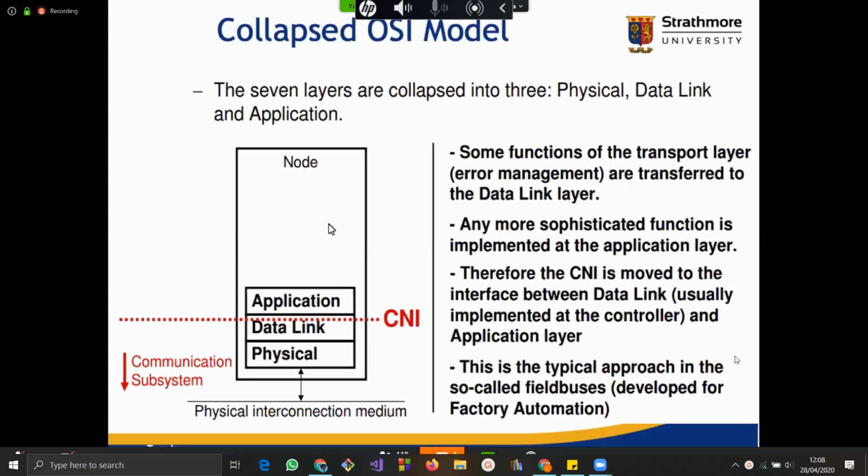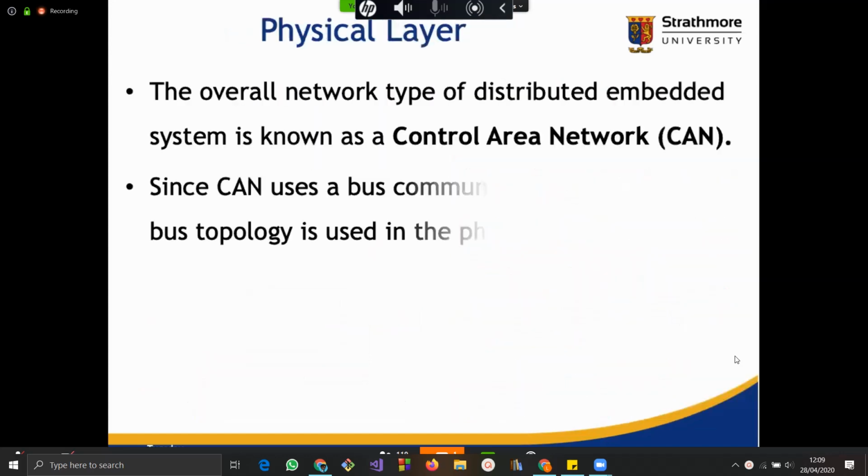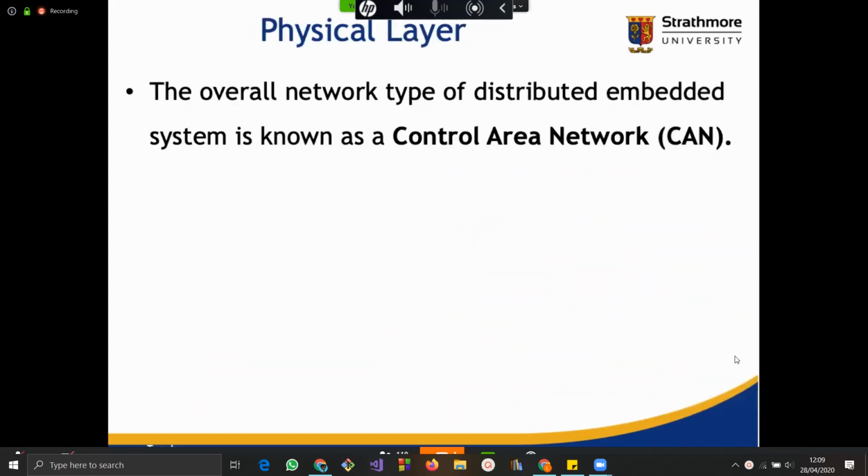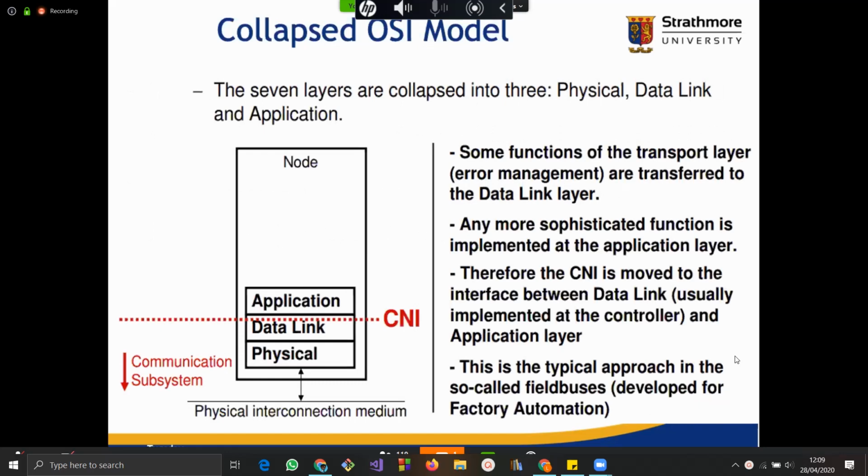The transport layer is now renamed to the data link. You remember in the OSI, the CNI was on the transport layer, but now we rename it to the data link layer.